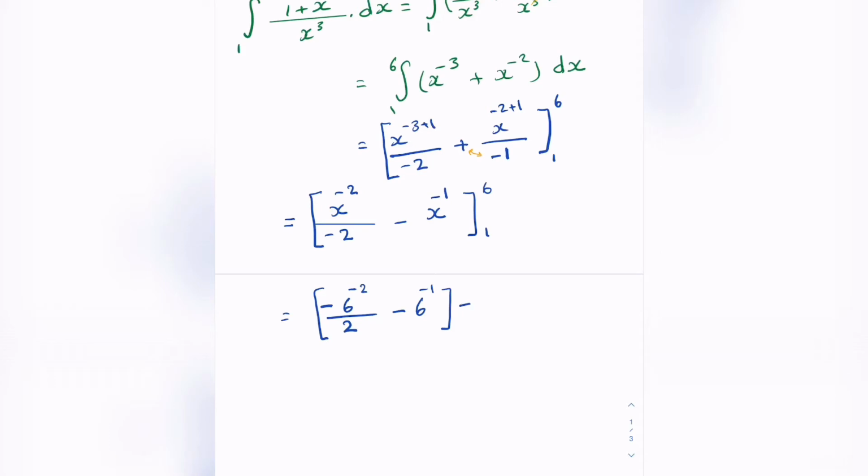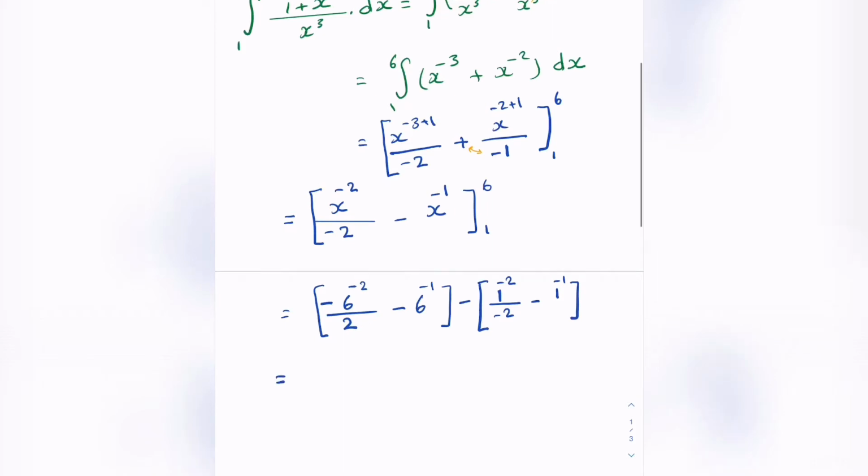Then, now we will substitute the value of x by 1. So this is going to be 1 to the power minus 2 over minus 2, minus 1 to the power minus 1.